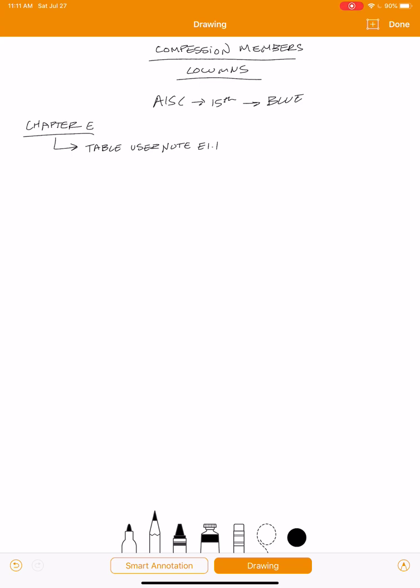So this table is based on if your member has slender or non-slender elements. And you determine that by checking local buckling of your section.